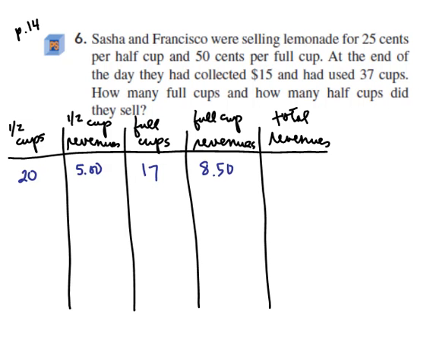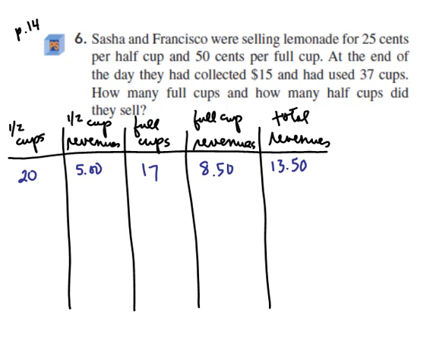And so I record that number in the full cup revenues column and add up my $5 and $8.50, and I get $13.50. Now I should have $15, so I'm a little bit low, but I have to keep the number of cups constant at 37. So I can't just go on adding more cups.